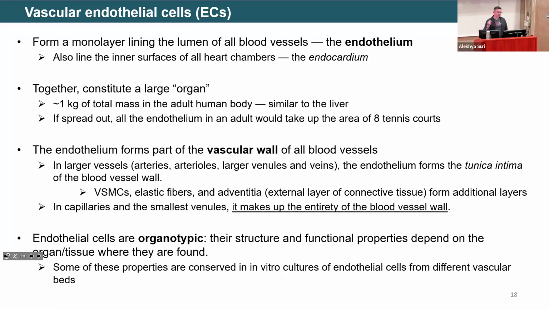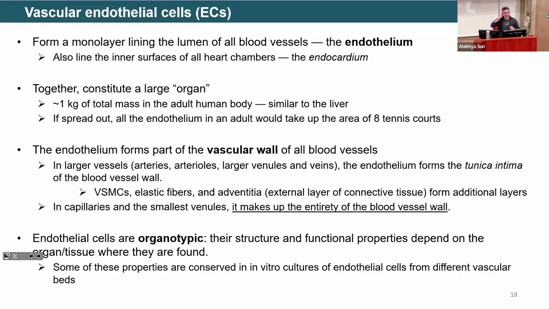Now, something that's very particular about the endothelium is that it exhibits this property that is called organotypical cell. Or, in other words, the function and the property, sometimes even the structure of these endothelial cells depends on the organ where they are found.